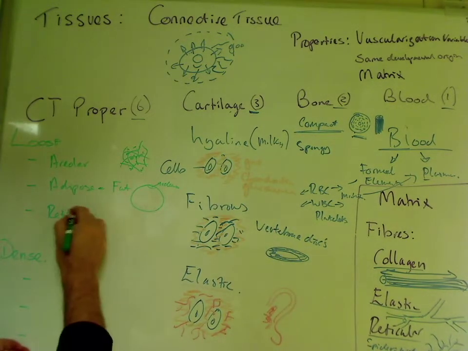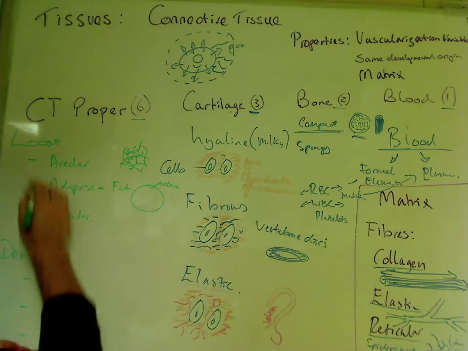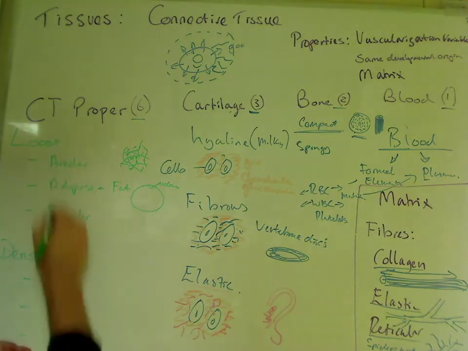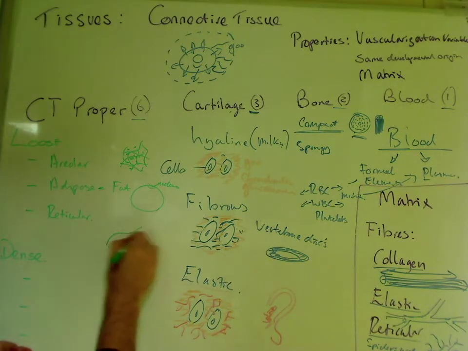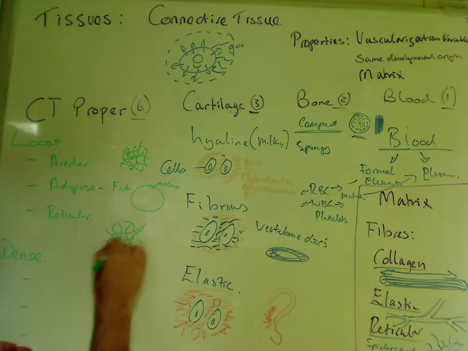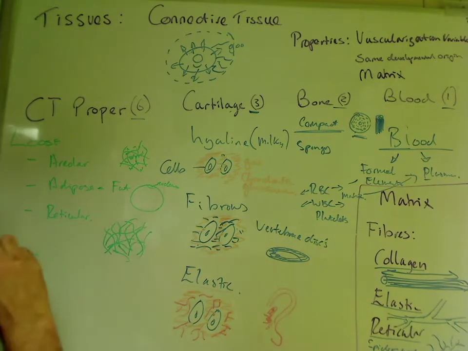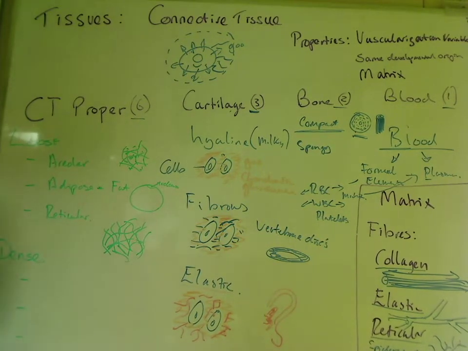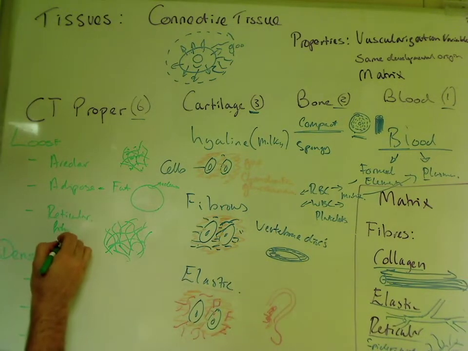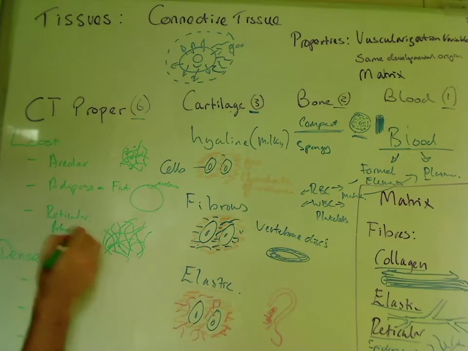And as we said before with reticular, connective tissue proper loose reticular just creates this wonderful spider's web network for everything to attach onto. And this is all because it's mostly reticular fibres which are being produced by the cell types.